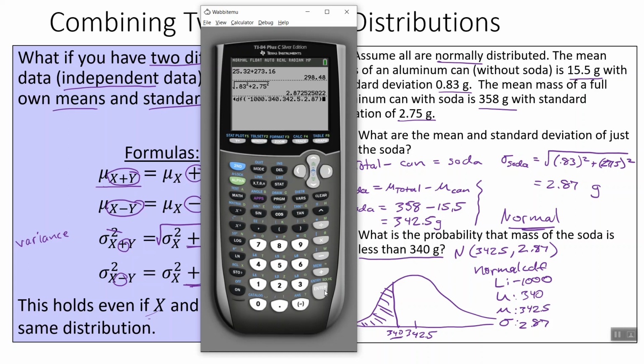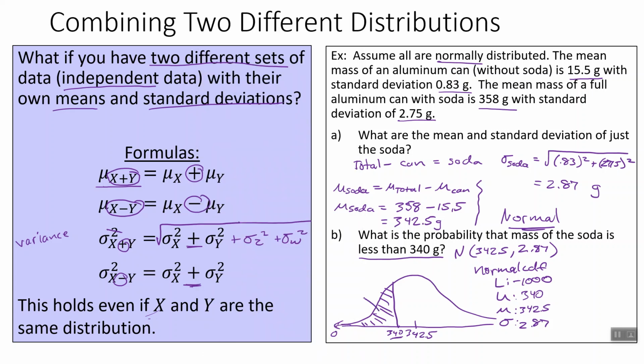We press enter a couple times, and we get 0.19. So this is 0.19, and that's our answer. The probability of the mass being less than 340 is about 19%.